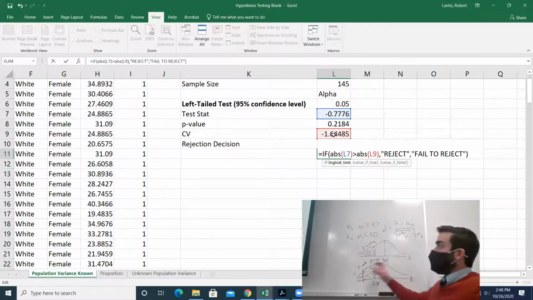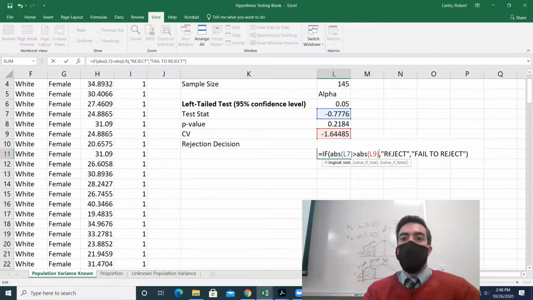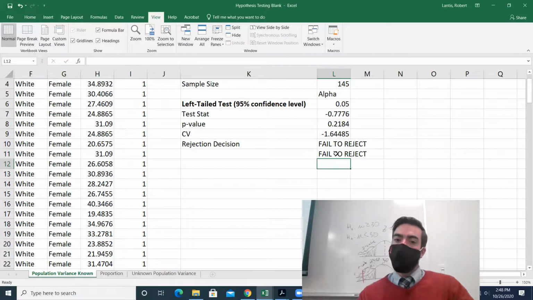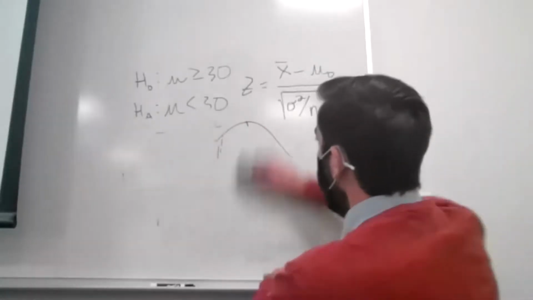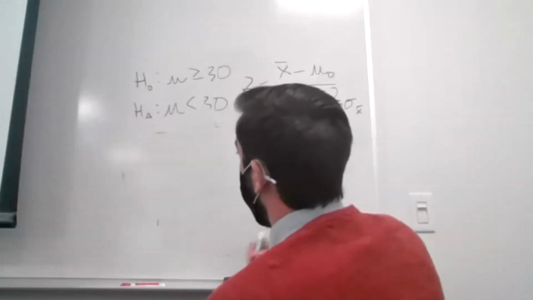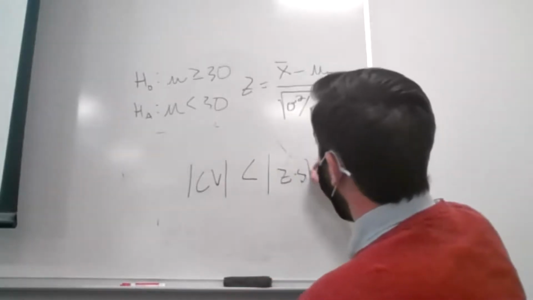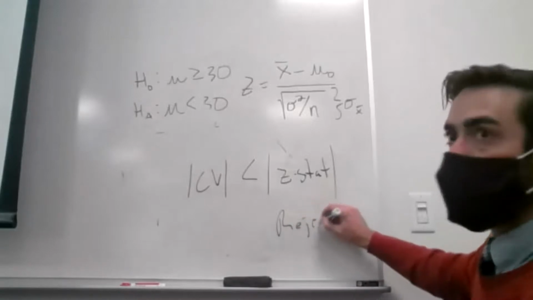Because remember, for a two-tailed test, I have two critical values, so I could be checking something on the left or on the right. This is a nice way to fail safe against that. If I take the absolute value of my test statistic and the absolute value of my critical value, no matter what type of tailed test I have, I always want to be testing for this: if the absolute value of my critical value is less than the absolute value of my test statistic, I'll reject.